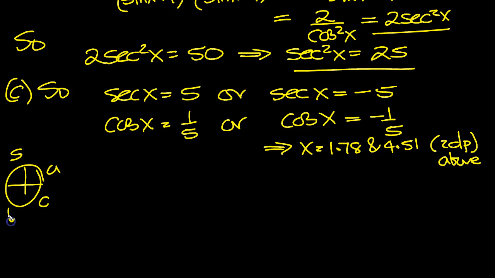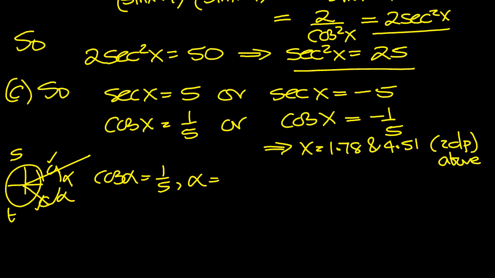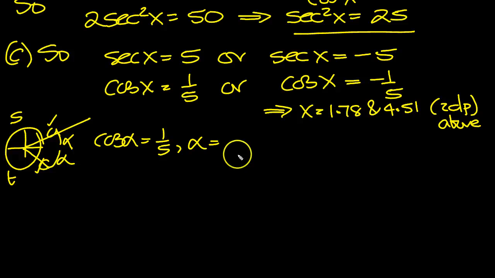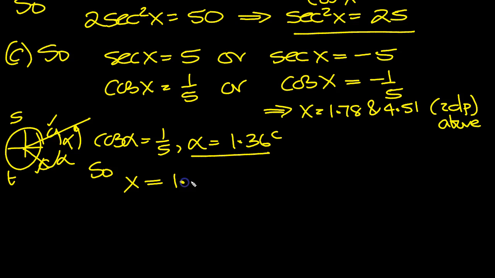This one here, let's just solve it then. CAST. Cos is positive here and here. Mark off the alpha, the associated acute angle, and write cos alpha as a fifth. Now we know what alpha is. By the above, alpha will equal 1.36 because it was exactly the same. 1.36 radians. So x is equal to then. The first solution will be around here, which is 1.36 radians.